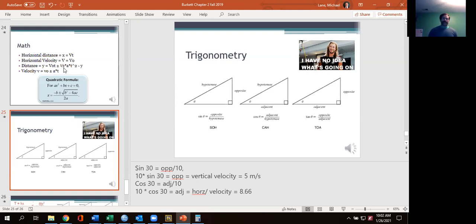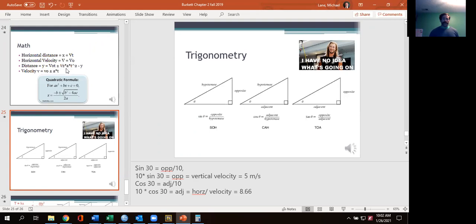So instead, what we can try and solve for is, given that vertical velocity of 5 and the acceleration of 9.81, at what time would it hit the ground? So that's where our distance for the y is going to be equal to 0. V sub o is going to be equal to 5.